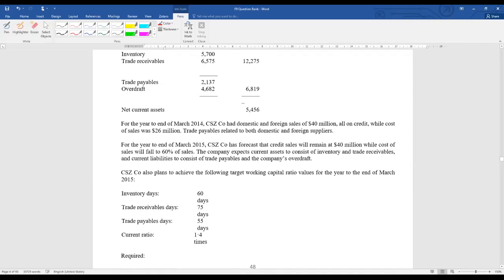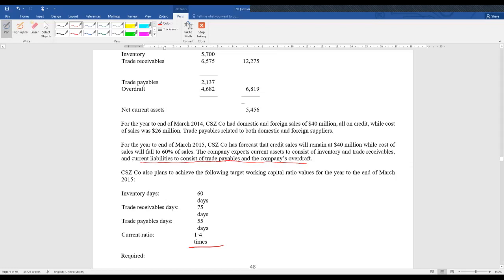For the quick ratio, we need the current assets of the company minus the inventory, divided by current liabilities. If we are told that the company has a target current ratio of 1.4 times, from that we can work backward. The current liability consists of two: trade payables and overdraft.